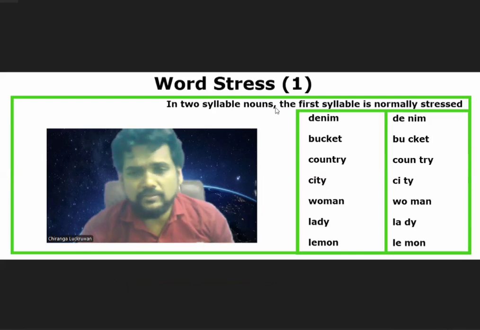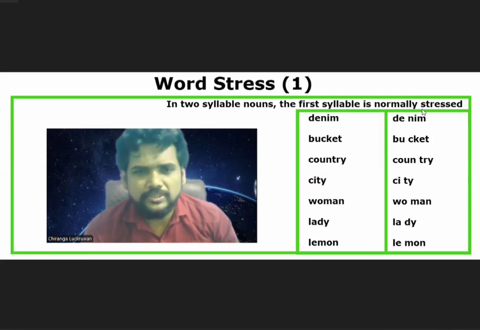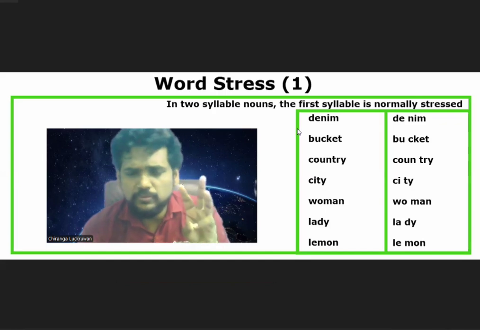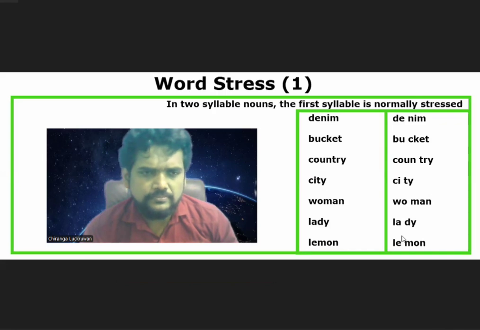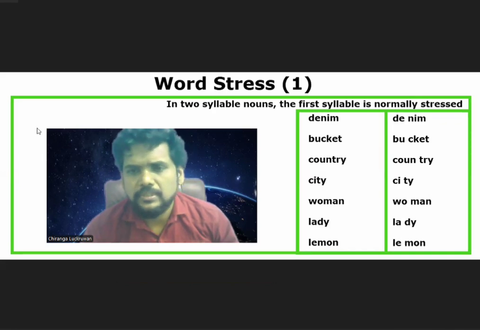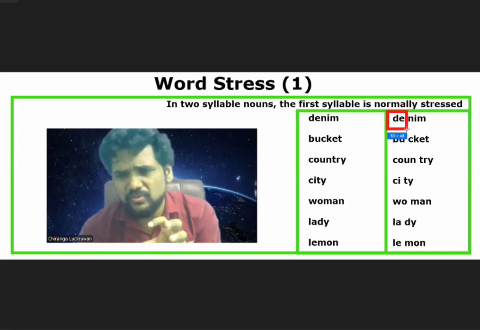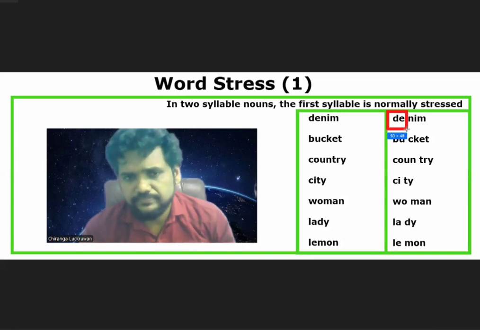In two-syllable nouns, you know what a syllable is? Don't know? Okay, don't worry. In this word, we can take two main sounds, like denim, bucket, country, city, woman, lady, layman. A syllable is a short sound with a vowel.